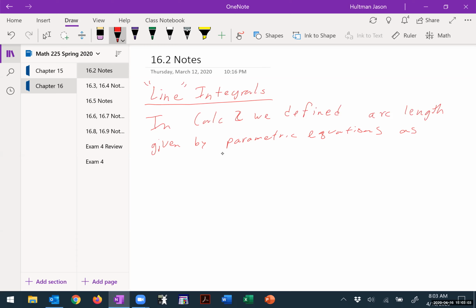Don't freak out, it's the same formula that we've been dealing with before, just in parametric form. So this is L equals the integral from a to b of the square root of (dx/dt) squared plus (dy/dt) squared.